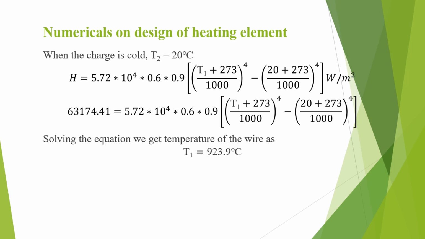Here T2 is the known term and we are supposed to find T1. Substituting the other values, we get the temperature of the heating element T1 as 923.9 degrees Celsius.